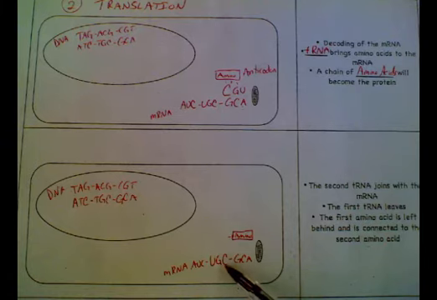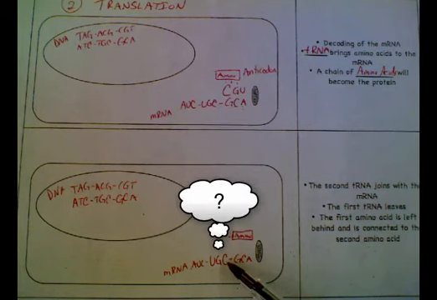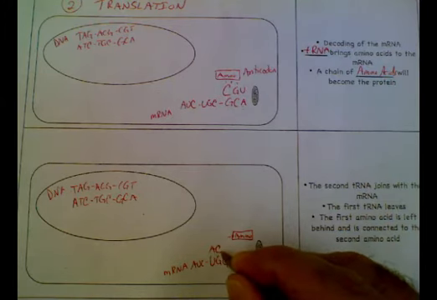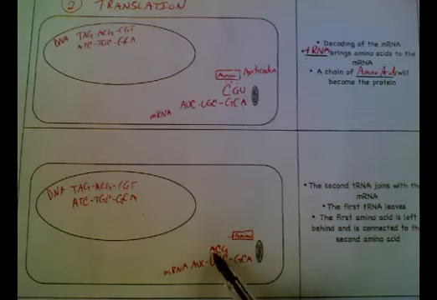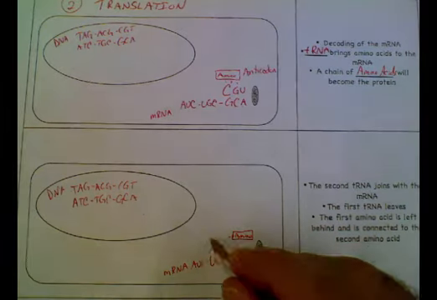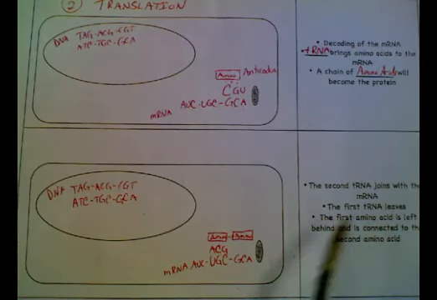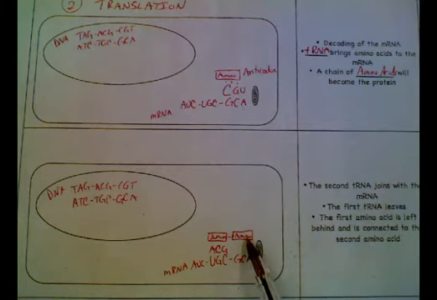See if you can figure out on your own what tRNA anticodon will come in to match that. ACG, which will bring with it another amino acid. The first tRNA is left, the first amino acid is left behind and connected to the second amino acid.